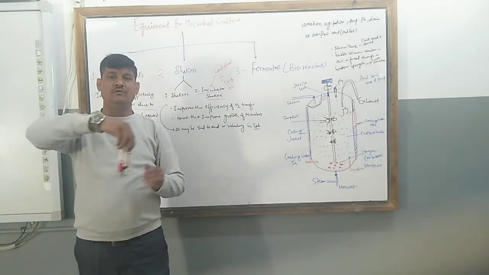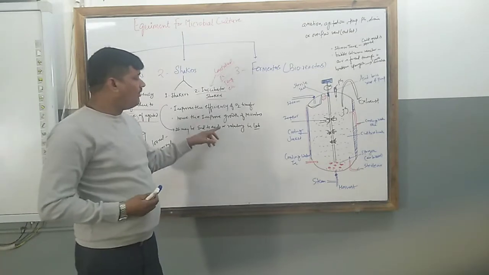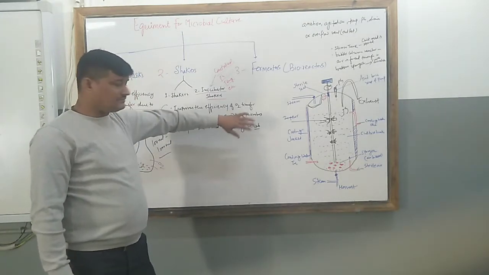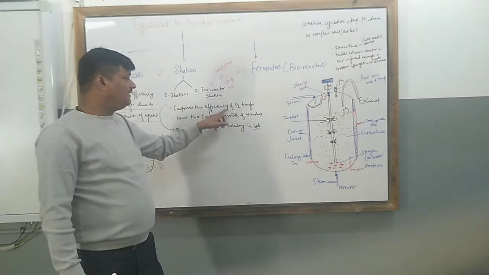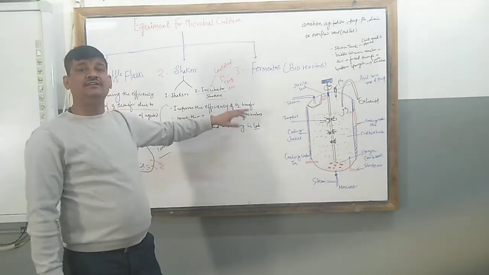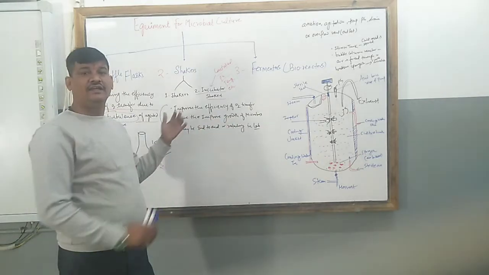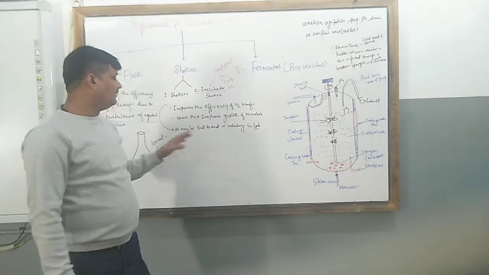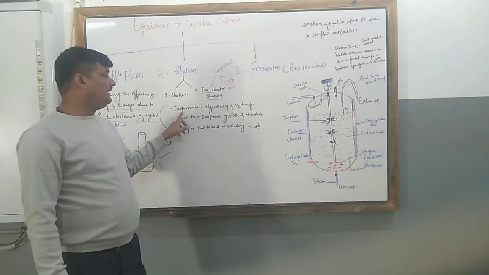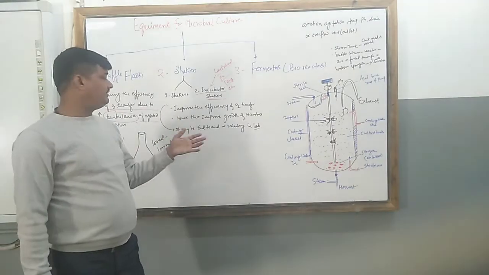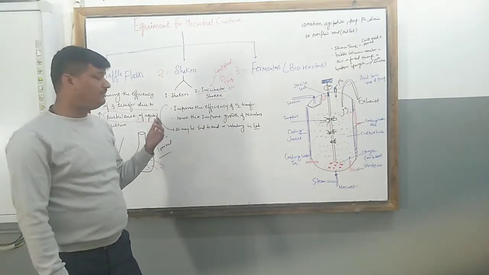Due to the turbulence or the chemical process inside the culture tube, the lack of oxygen is replaced and fresh oxygen takes the place of the previous one. So the shaker's main function is to improve the efficiency of oxygen transfer, hence improving the growth of the bacterial or microbial culture.